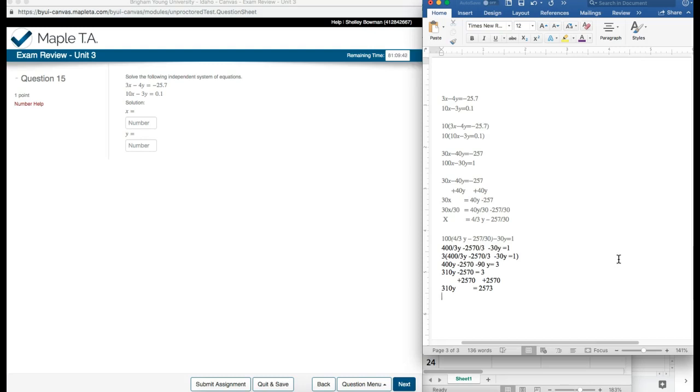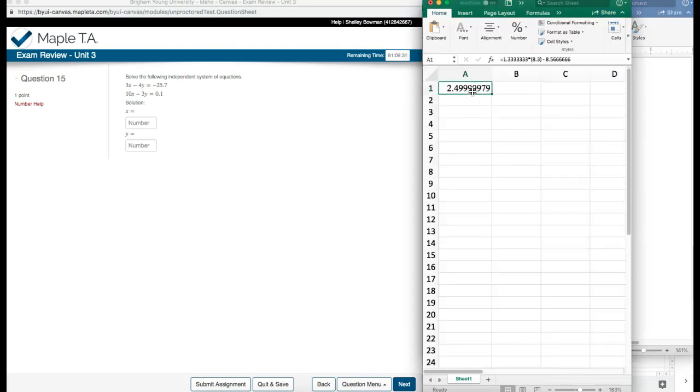So y equals, divide both of those, and I'm going to have to use a calculator or Excel. Actually, let's do it here. 2,573 divided by 310, I think is what it was.